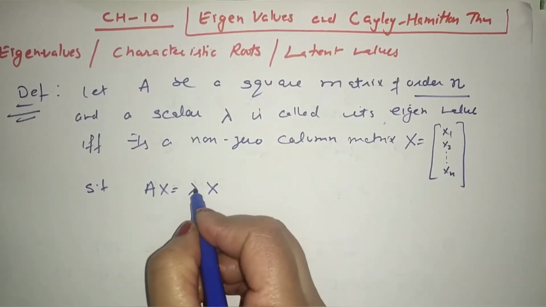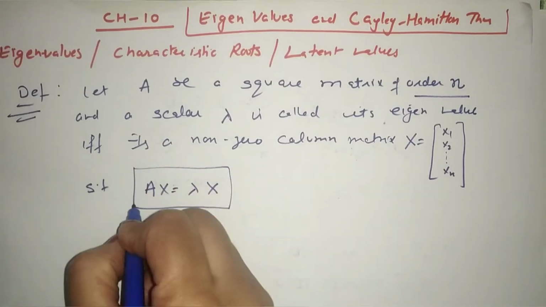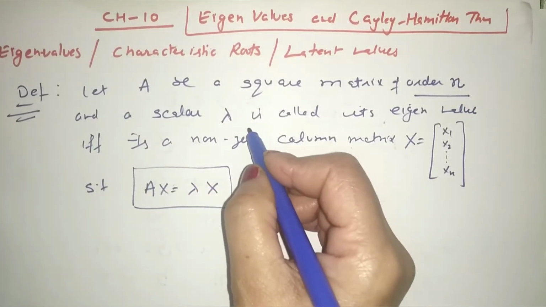So such value of lambda which satisfy this condition is called eigenvalue.